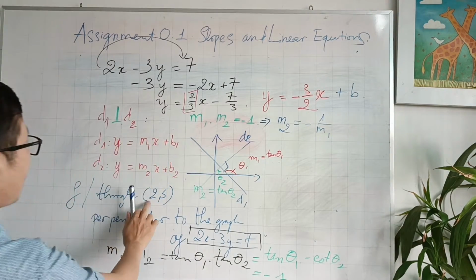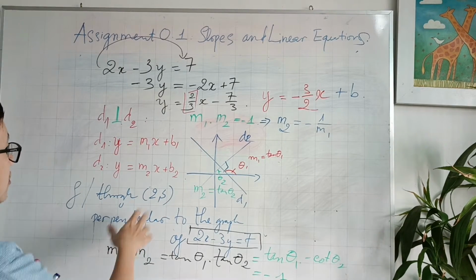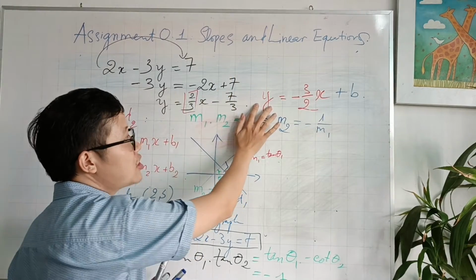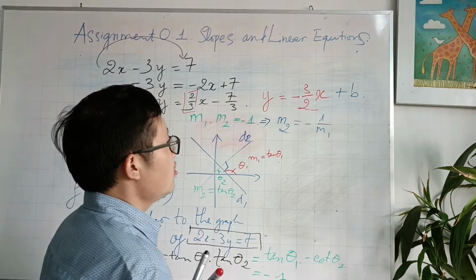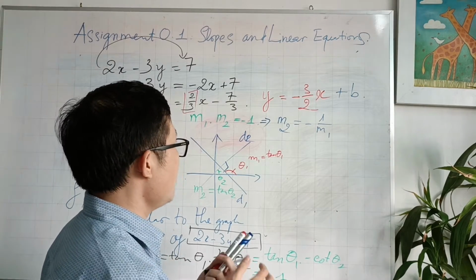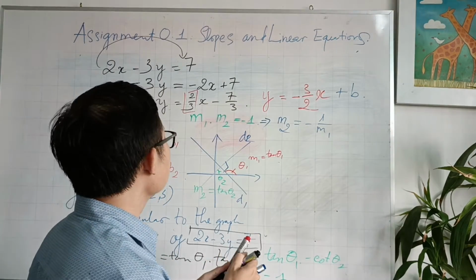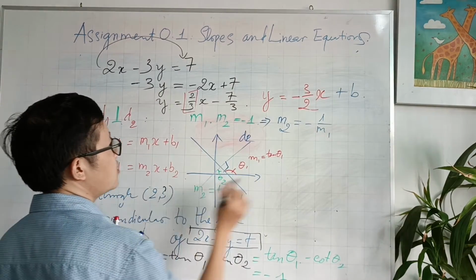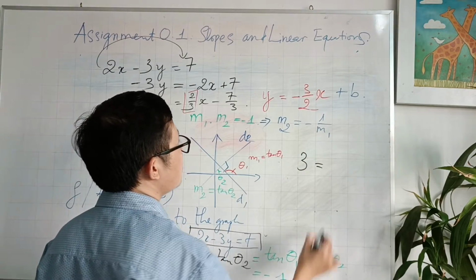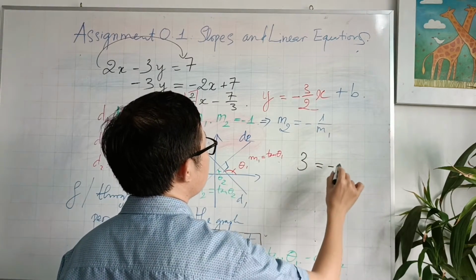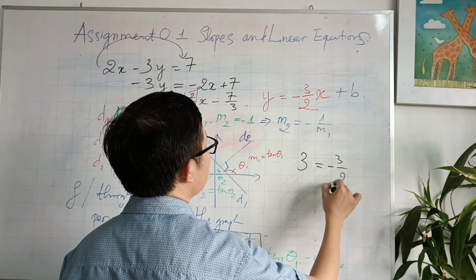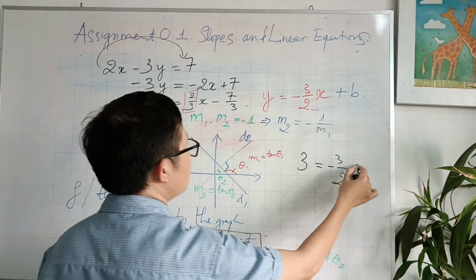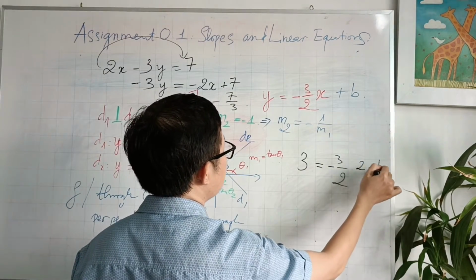Our line passes through the point (2, 3). So you substitute the coordinates of this point into the linear equation and solve for the value of b. We have y equals 3 is equal to negative 3 over 2 times x, here we substitute the number 2, times 2 plus b.